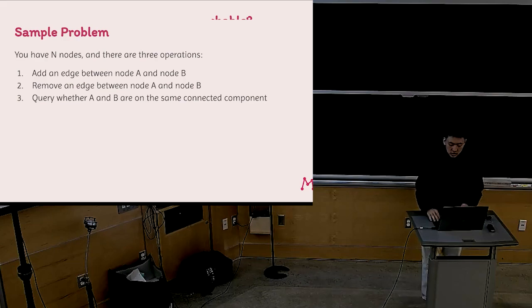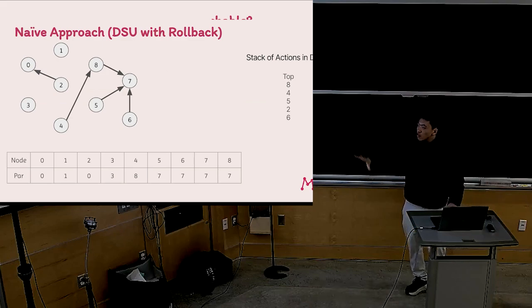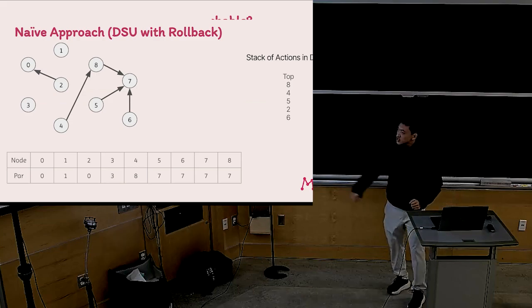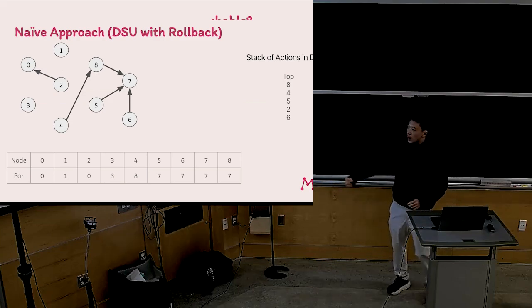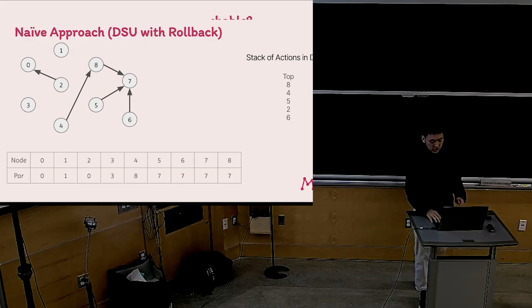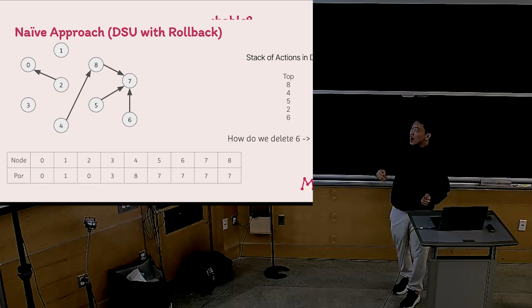So the idea here is that, suppose we have this graph of all of these things, right? And we've added, first we added 6, then we added 2, then we added 5, then we added 4, then we added 8. Okay, so now let's say we wanted to get rid of the edge from 6 to 7. How would we do this, right? Well, there's no easy way to just roll it back because it's very far down in our stack.